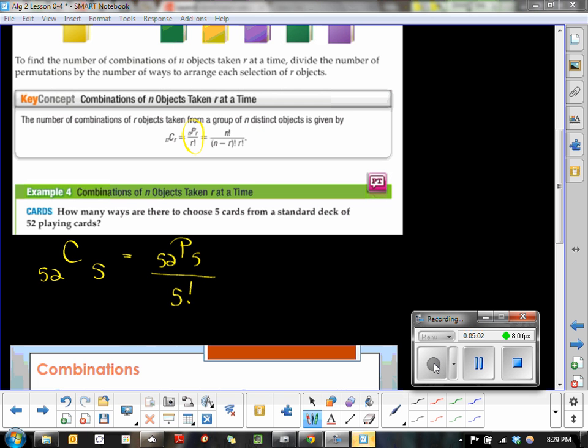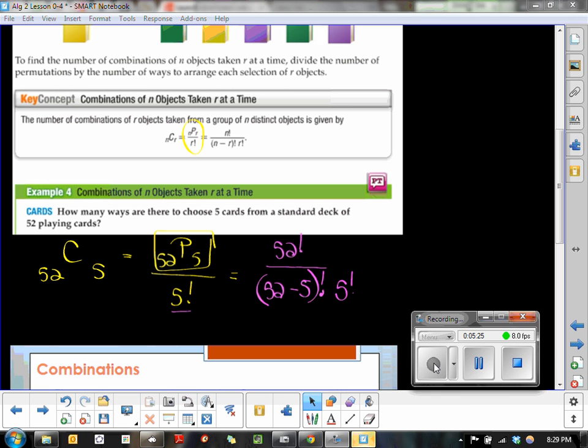So that's our 5 factorial. Well, this permutation of 52 choose 5 was defined to be 52 factorial all over 52 minus 5 factorial, and then we still have to divide by another 5 factorial to get rid of our arrangements of the 5 cards that we don't care what order they're in. So there's our calculation that we would like to be able to make.